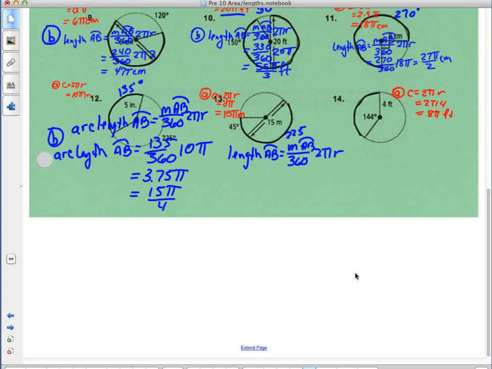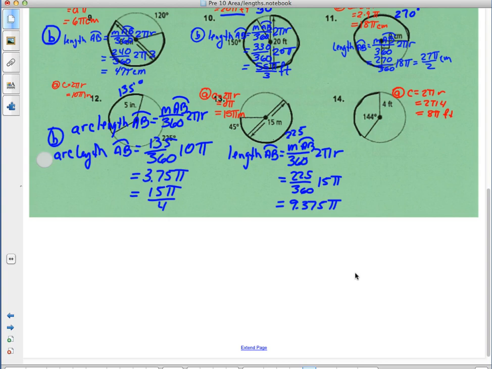I already found 2 pi r, that's 15 pi. Okay, so the measure is 225 over 360, I got 15 pi. So I got 225 divided by 360 times 15, and that's going to be 9.375 pi. But I got to put it in fractions.